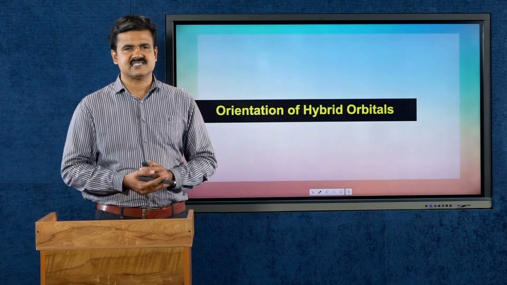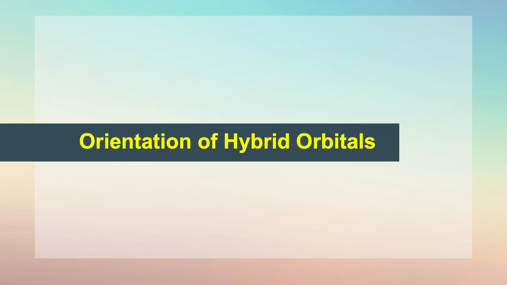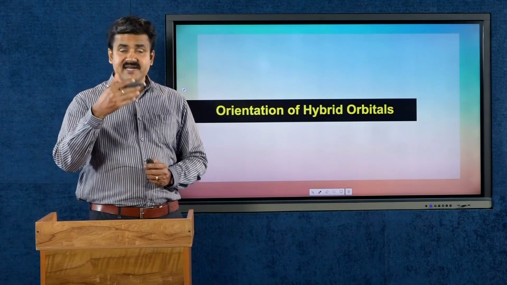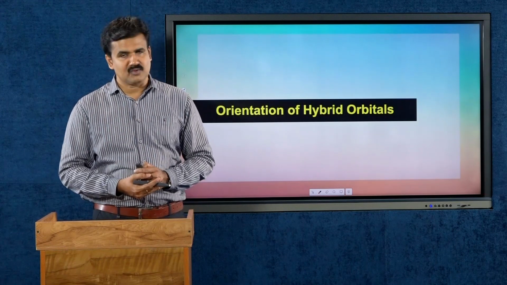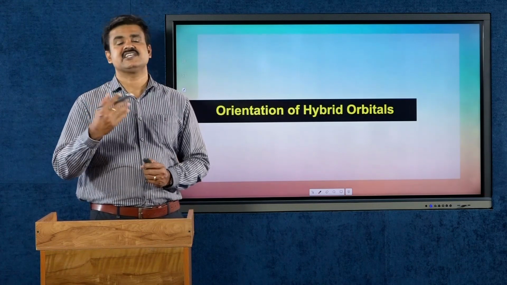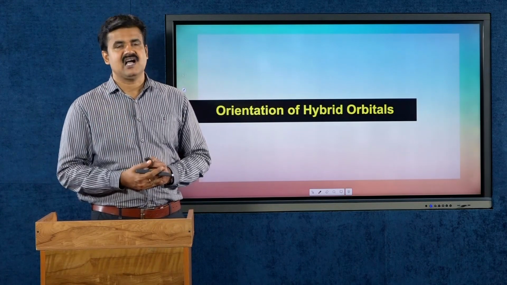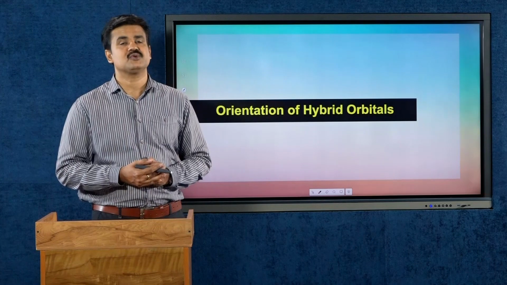Now we are discussing orientation of hybrid orbitals. I just mentioned the fact that hybridization determines the geometry of the molecule. Why does hybridization determine the geometry? Hybridization determines the geometry because hybrid orbitals have a definite orientation.